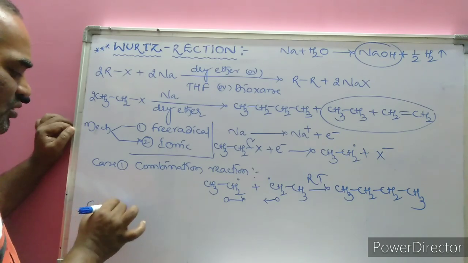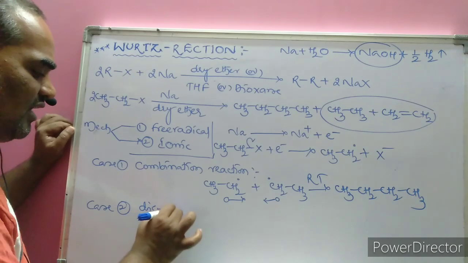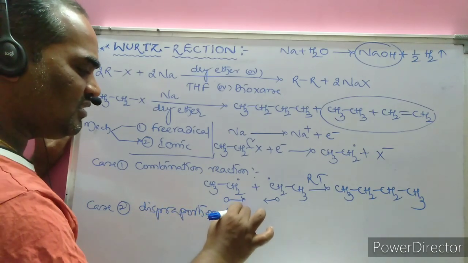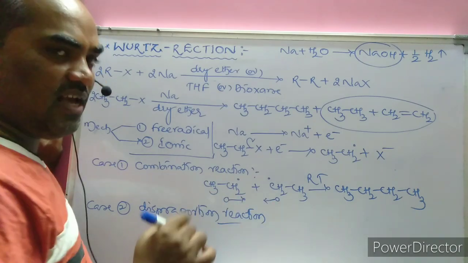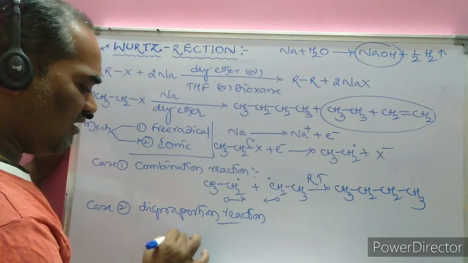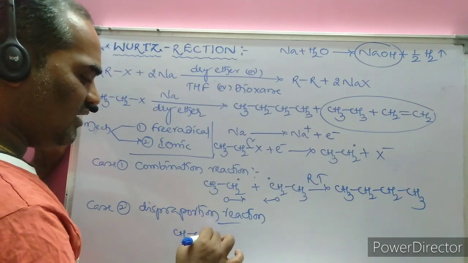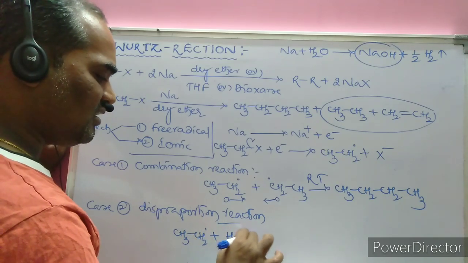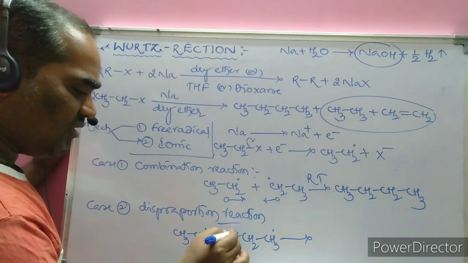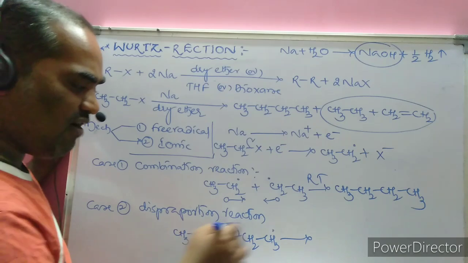And case 2 is a disproportionation reaction. Disproportionation means self oxidation as well as reduction takes place. Here a CH3CH2 radical is combining with another CH2CH3 radical. Then this bond is homolytically cleaved, and as a result a bond is formed between them.